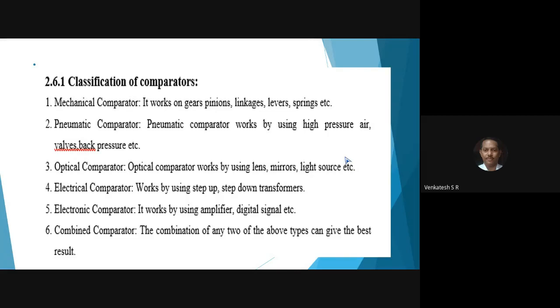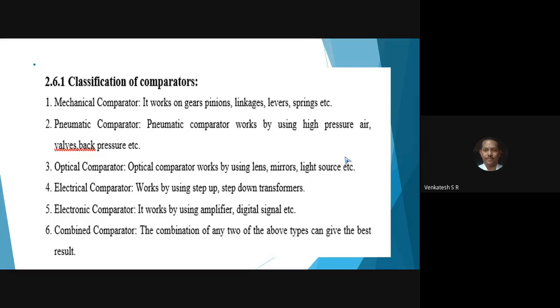Next, come to the pneumatic comparator. What is the meaning of pneumatic? All of you mechanical engineers, what is the meaning of pneumatic? Pneumatic means air pressure used for the system. Pneumatic system means air, compressed air.